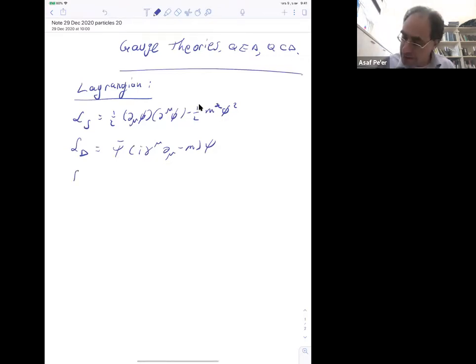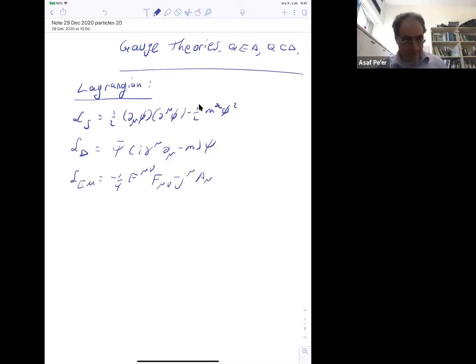So massless, this is the photon, L EM was minus 1/4 F mu nu squared minus j mu A mu. And finally, we had the Lagrangian for the Proca field, so for the massive spin 1 particle, minus 1/4 F mu nu squared plus 1/2 m squared A mu squared.